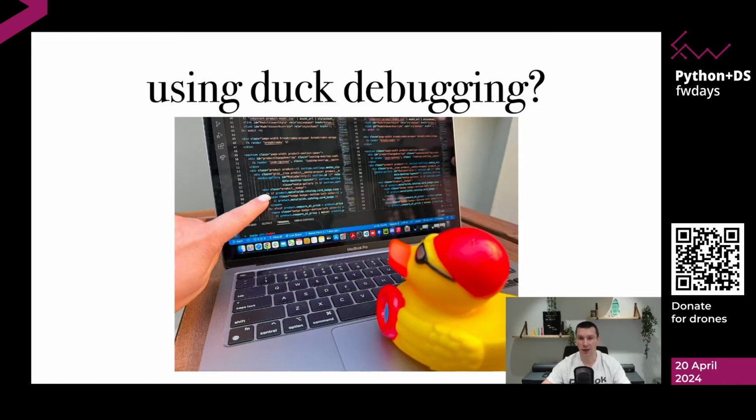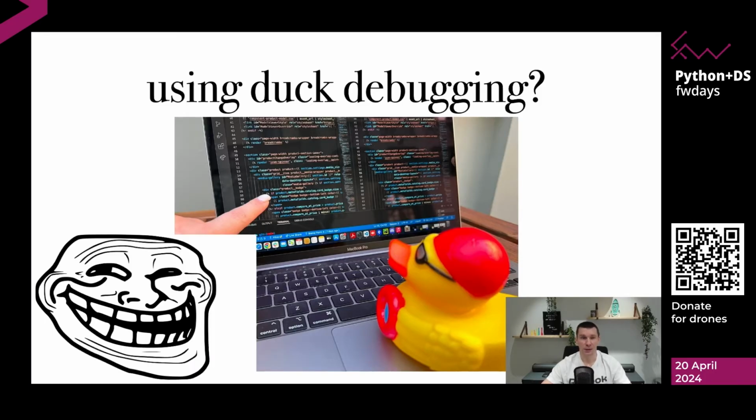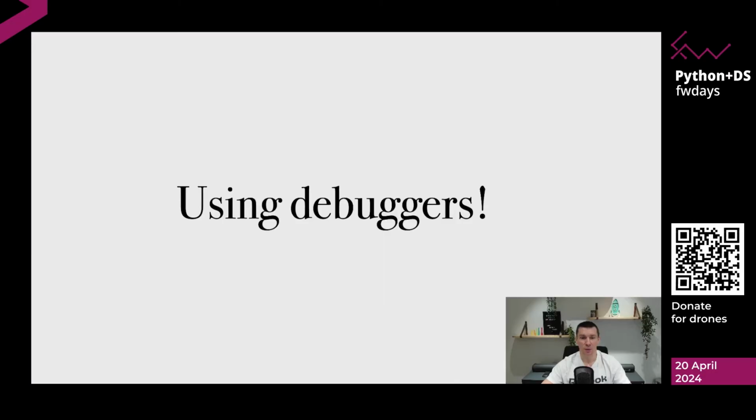Since that someone else can be totally passive, you can even replace her with an object to talk to, like rubber duck debugging. And last but not least, of course, it's using debuggers.